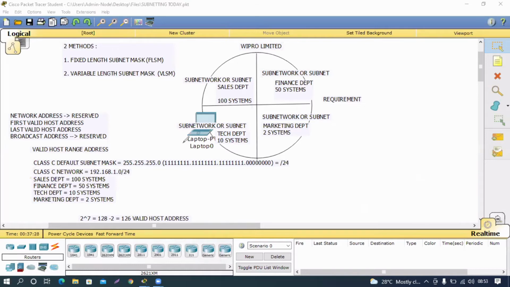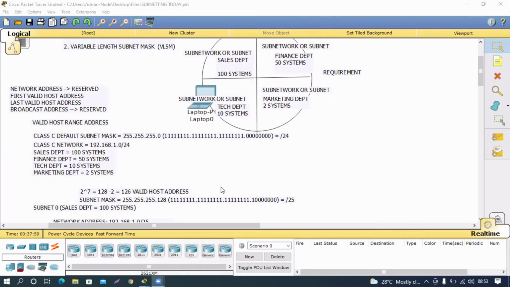Now, the first subnet we are going to create is our sales department. For the sales department, the first subnet is always called subnet 0, because in networking everything starts from 0. We calculate everything from 0. Our octet also starts from 0 and goes all the way up to 255.